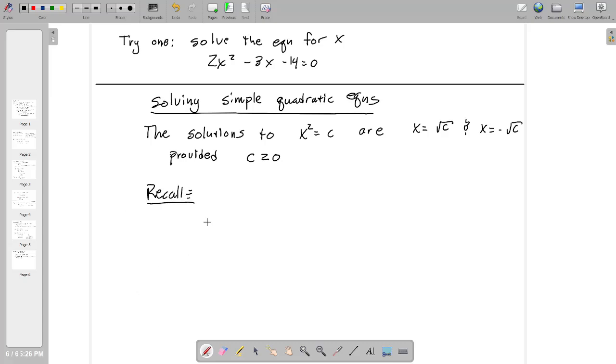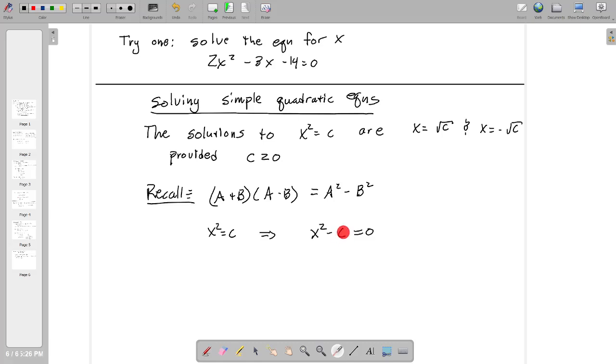Recall the difference of squares. A plus b times a minus b is equal to a squared minus b squared. Now, specifically what we're going to do here is go from the right side to the left side. So suppose that we're given x squared equals c. This then implies that we can subtract the c to the other side and get an equivalent equation. x squared minus c is equal to 0.